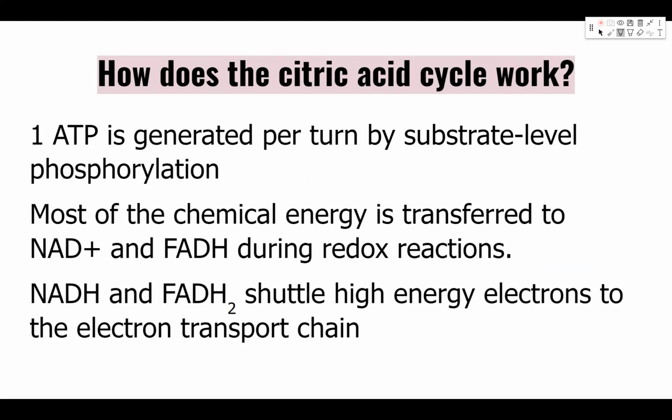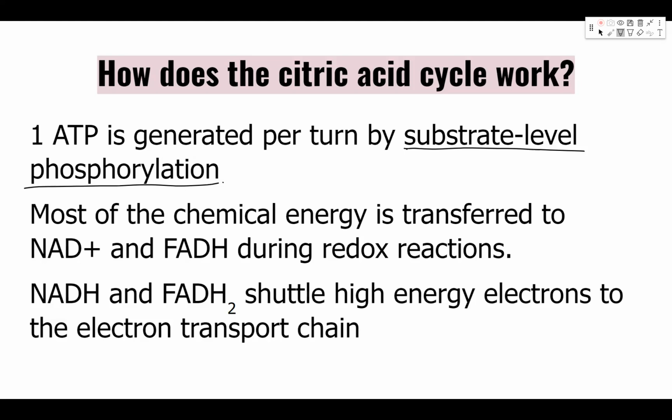how does this work? First things first, we only get 1 ATP out of the citric acid cycle. For every pyruvate or for every acetyl-CoA that goes through the citric acid cycle, we only get 1 ATP. And we get this ATP from something called substrate level phosphorylation, meaning phosphates are transferred directly to the ATP from our substrate in our enzyme.